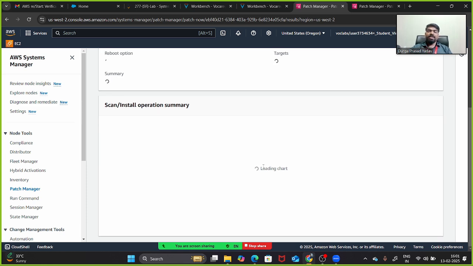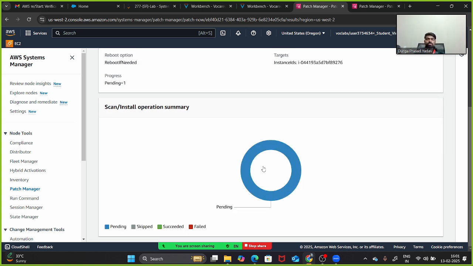You will be getting a chart here which will show you the scan has been completed. If you need to run a complete script, or if you need to run some update, you will be using the patch manager only. Here in AWS I'm talking about.